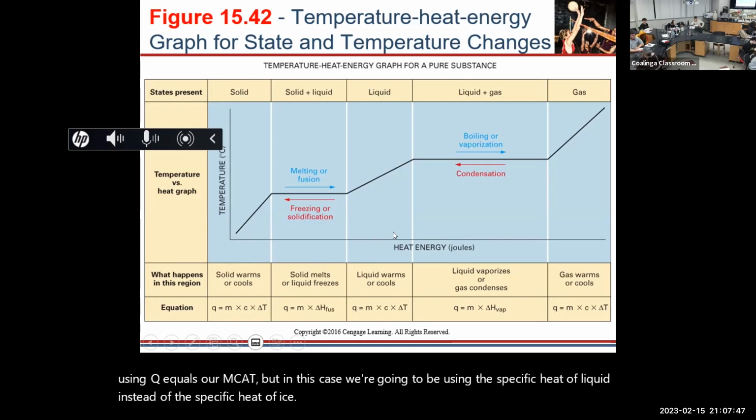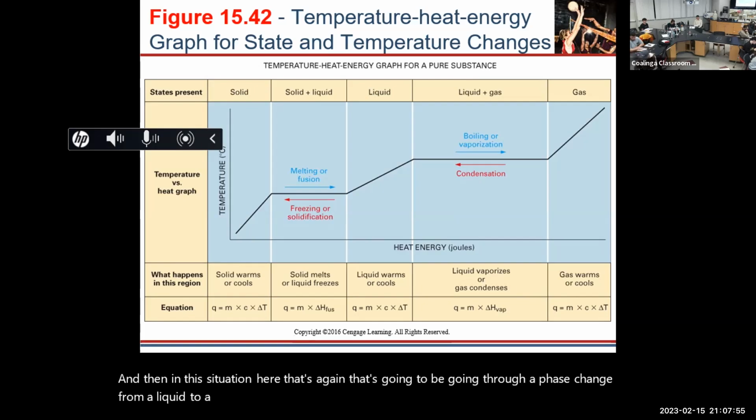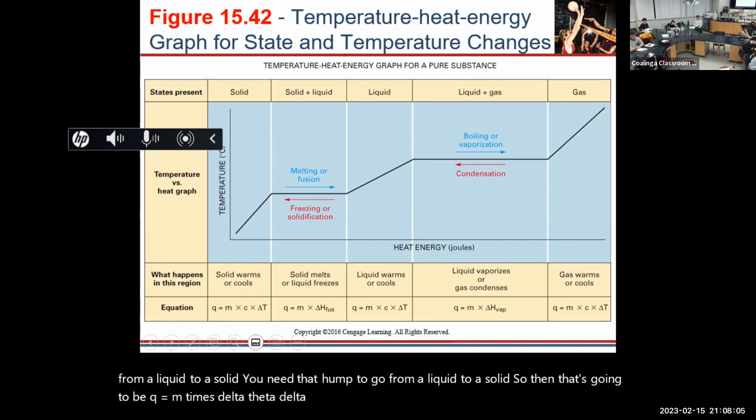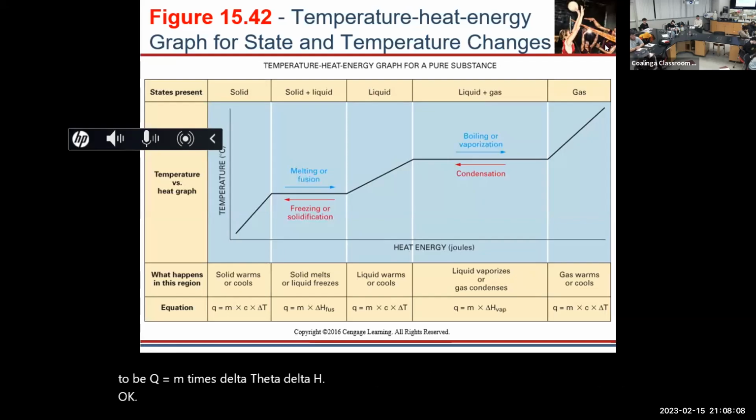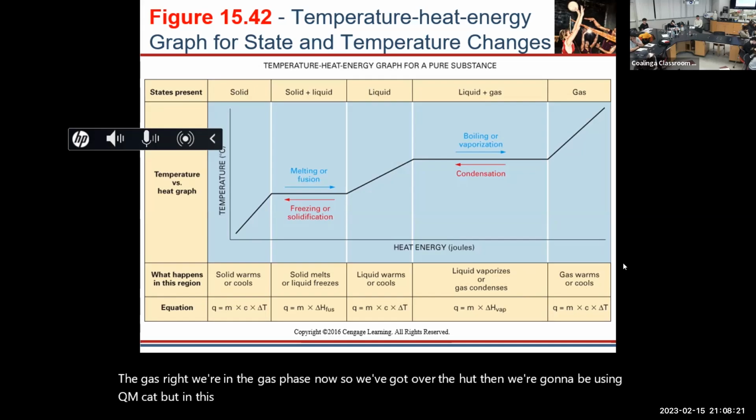Then going through a phase change from liquid to gas, you need that hump, so that's going to be Q equals m times delta H of vaporization. And in the gas phase, we've gone over the hump, so we use Q equals m c delta T, but our heat capacity is that of the gas.